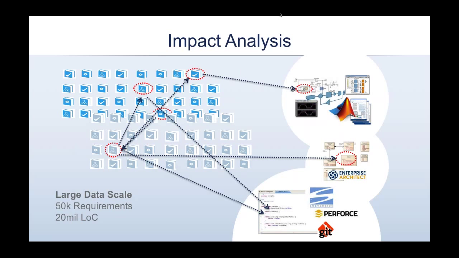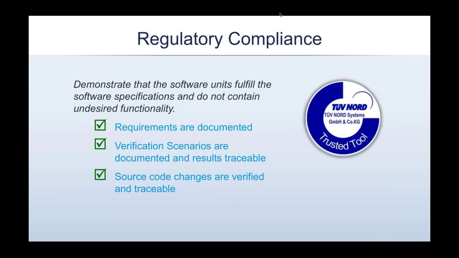Another important part is regulatory compliance. If you work in regulated industries, you are required to deliver the product specifications and all the supplementary documentation. We were working together with TÜV, a German certification authority, for ISO 26262 for the functional safety in automotive development.